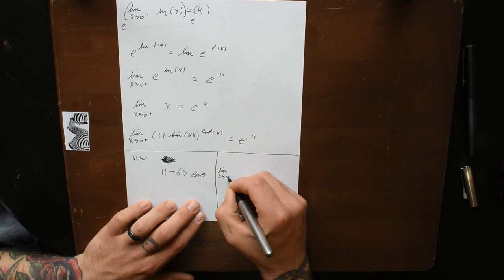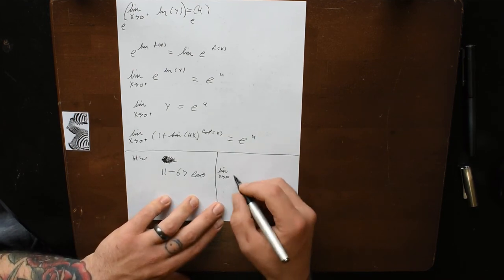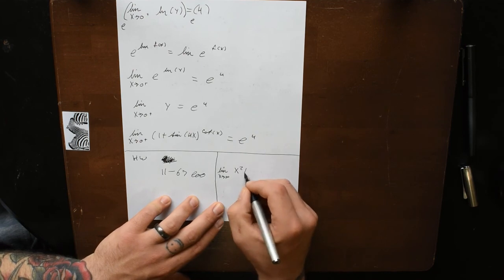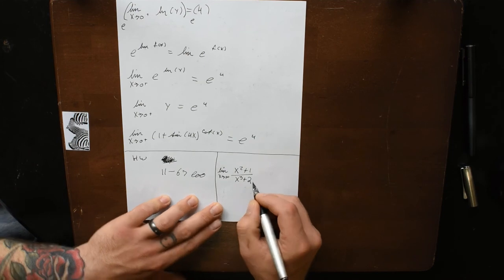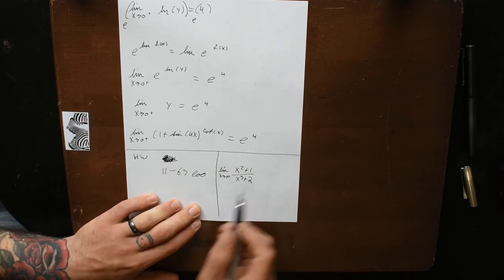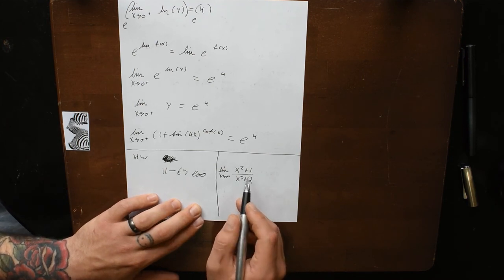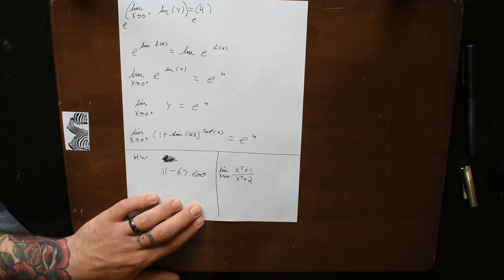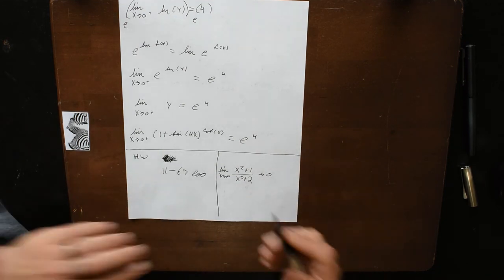Mainly we're going to be taking limits as x goes out to infinity, and let's say we had some polynomials. Let's say we had x squared plus 1 over x cubed plus 2. Well, this would go to infinity divided by infinity, and if we applied L'Hopital's rule 2 times, we would eventually turn this into a 2 divided by a 6x, which would go off to 0, because that denominator gets huge.